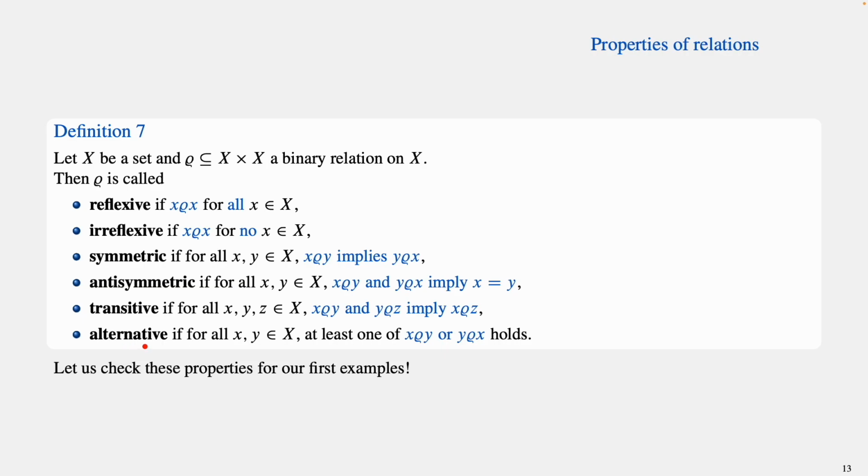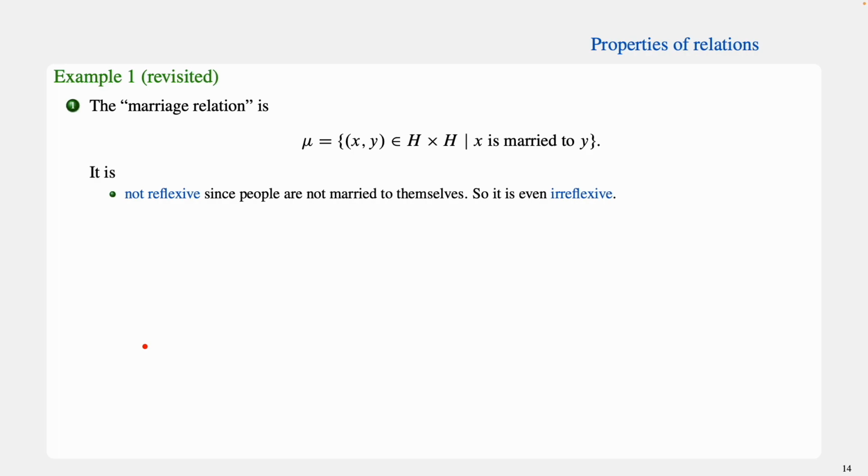So, as a little practice, let us check these properties for our first examples. The marriage relation, so recall it was this one, mu, the pairs xy in the Cartesian product of the human set where the relation means X is married to Y. Now, this relation is not reflexive since people are not married to themselves.